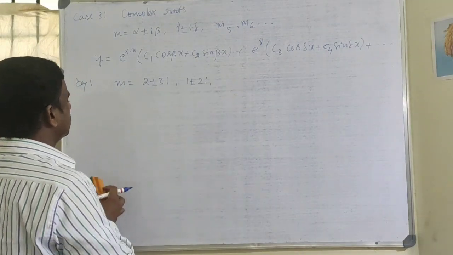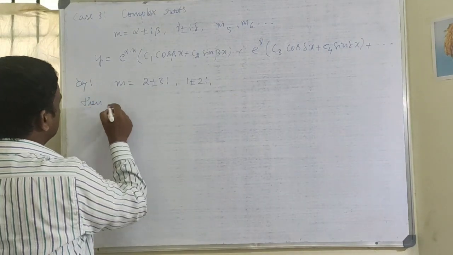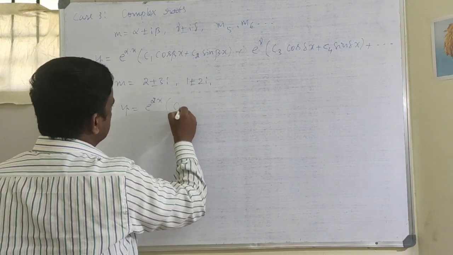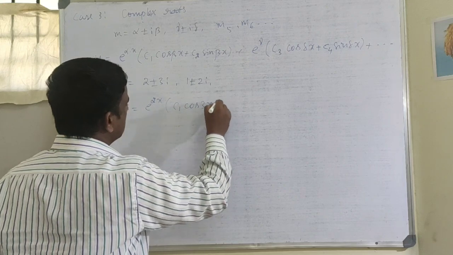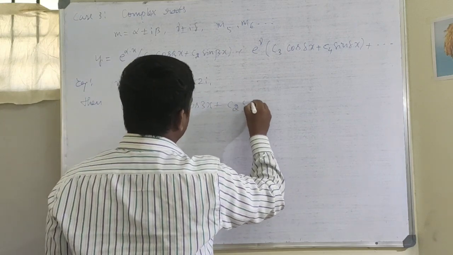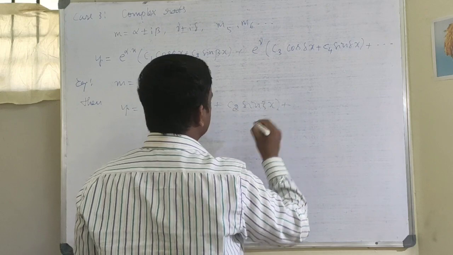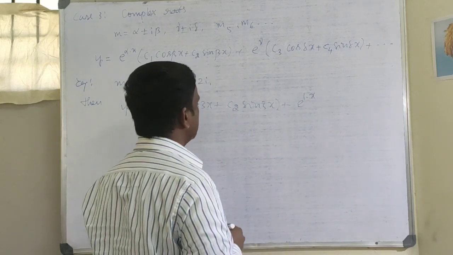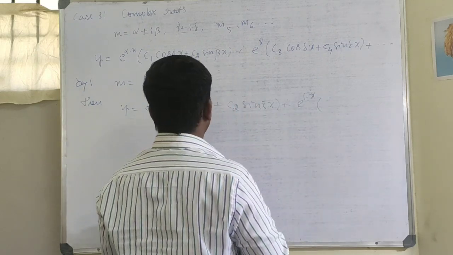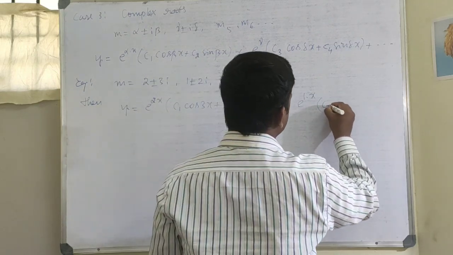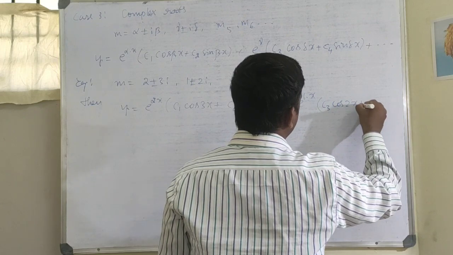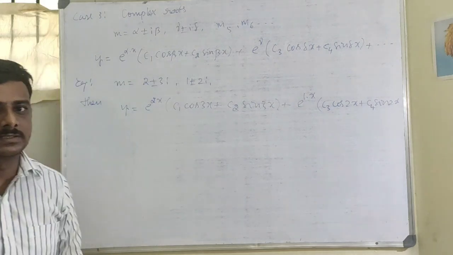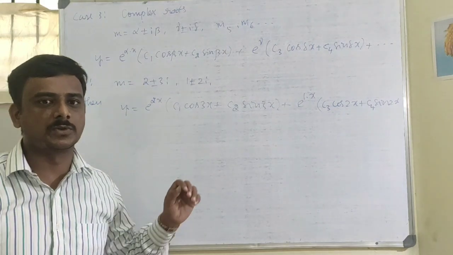So in that case, the solution will be e power 2x times c1 cos 3x plus c2 sin 3x plus, real part is 1 here, e power 1 into x times c3 cos 2x plus c4 sin 2x. So that is the way of writing the solution in case of complex roots.